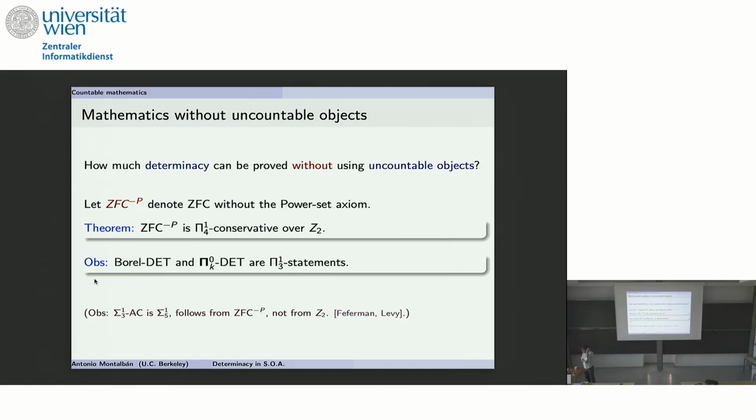Of course, that's not the question. We answer some question, then figure out what question we answered and put it that way. This is how it usually goes. We were working in reverse math, so we were not thinking about how much can be proved with uncountable objects, but I think it's interesting to set up the question like this.